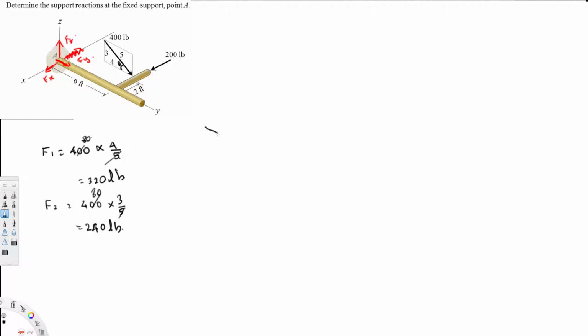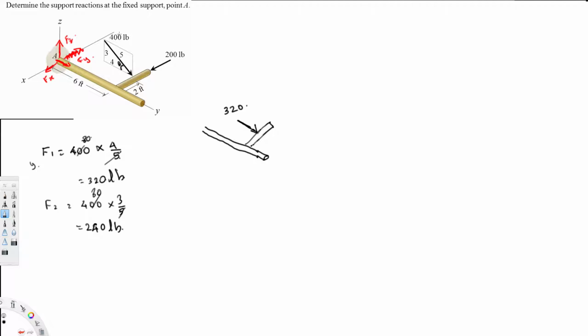If I redraw the diagram, it's going to be something like this. So this is my y-axis. The y-axis is along this way, so the force is acting straight toward like this. It's 320, and we calculated the c-axis.